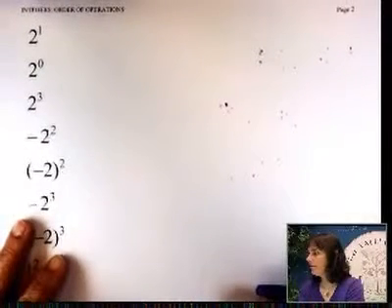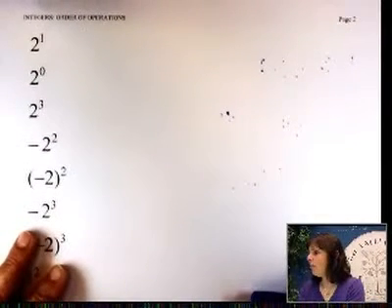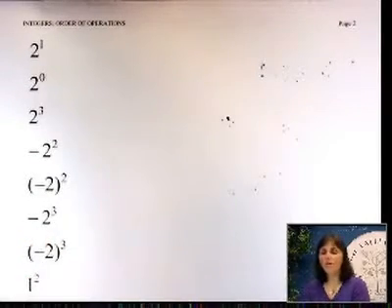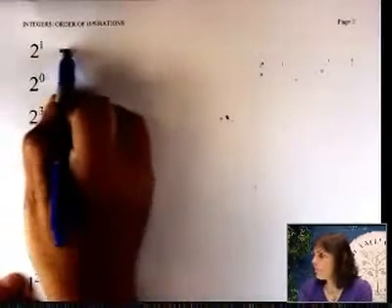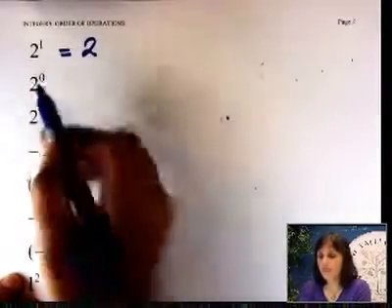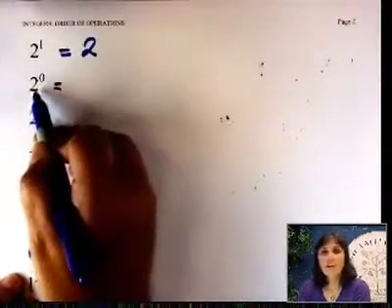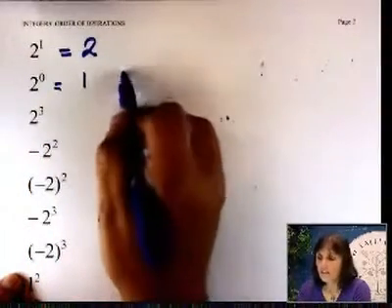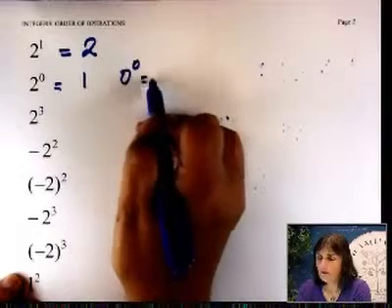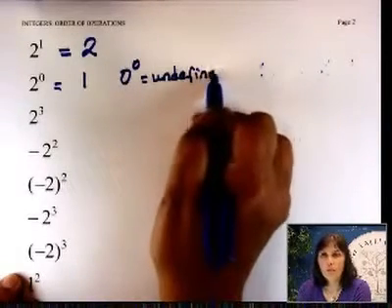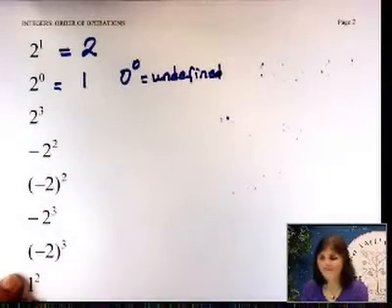Now, I want to go over the exponents first, and there are certain rules you need to know. Anything to the first power is the number itself. Anything other than 0 to the 0th power is 1. Don't mix that up with 0 to the 0th power, which is undefined. That one you will learn a little bit more about later on in life.